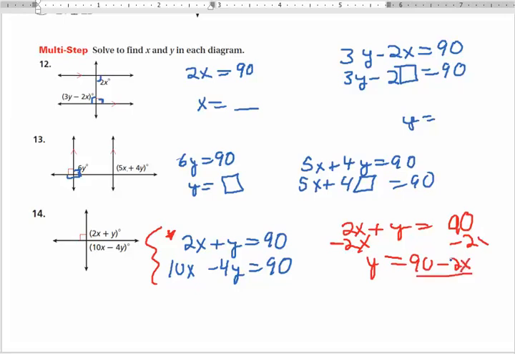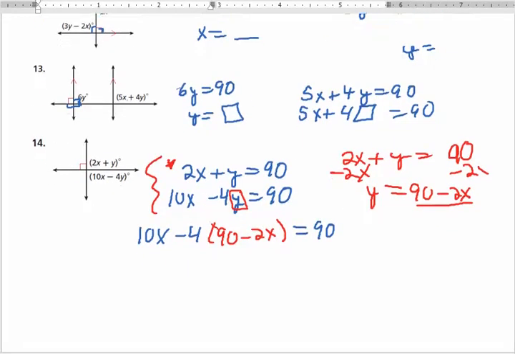Now I take what the y is equal to and I put it right here for y. So I would have 10x minus 4 times y, but y is equal to 90 minus 2x. And then I still have to write equals 90. So now we just simplify this equation and solve, and then we'll find what x is equal to.